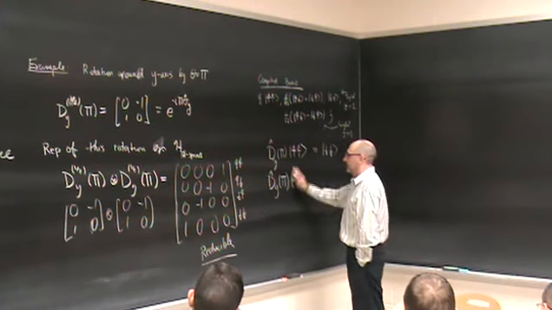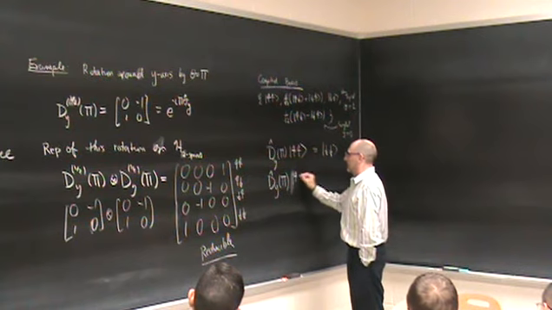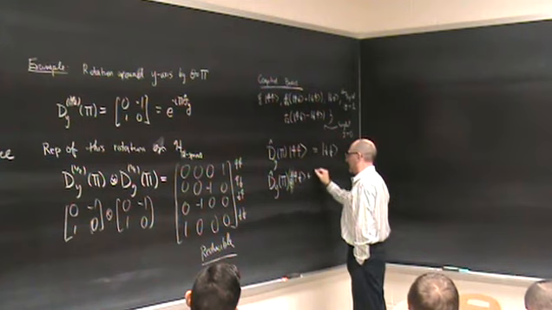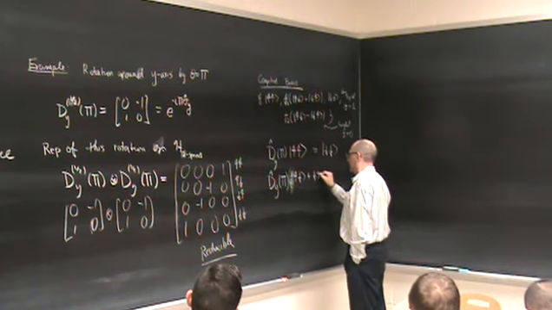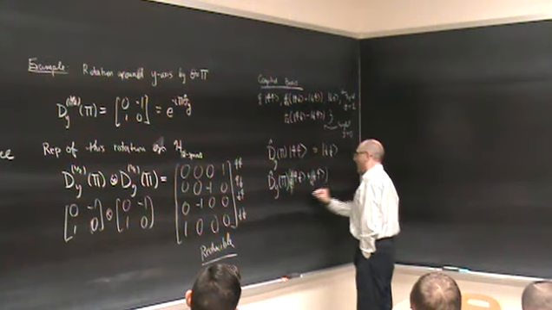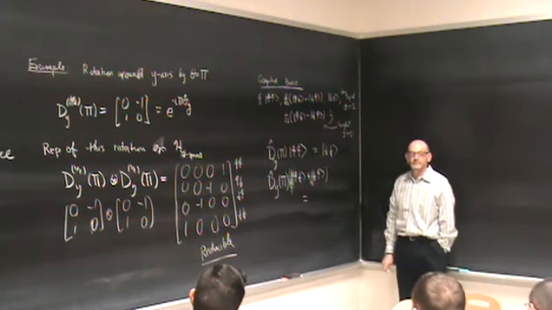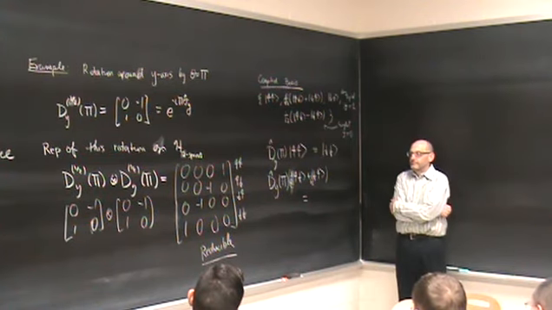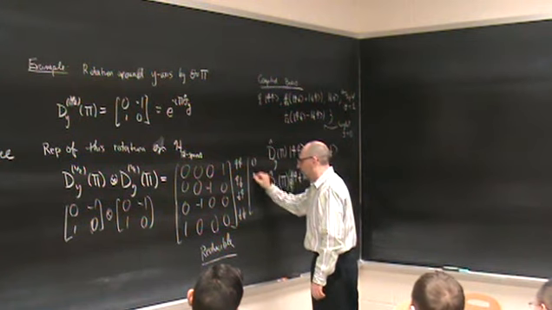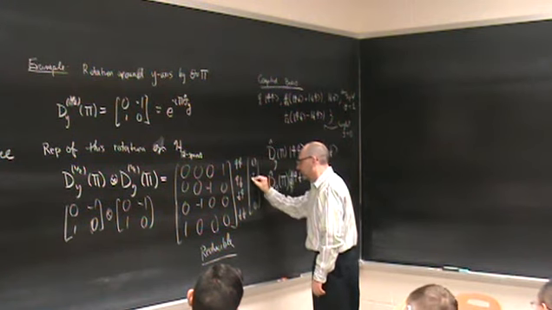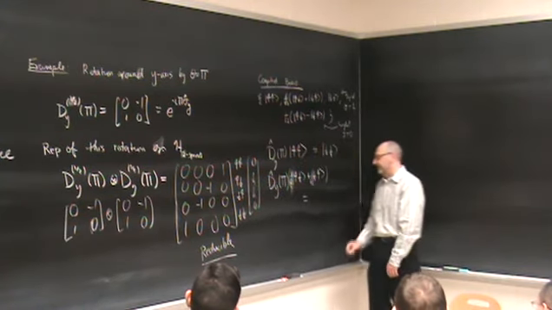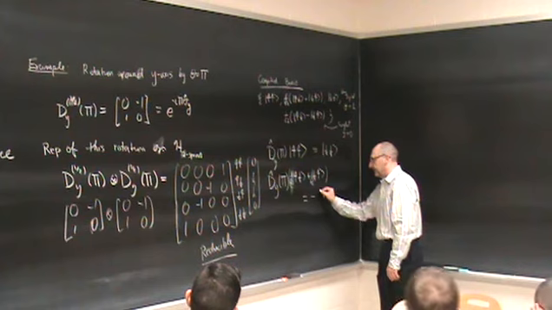This matrix takes the symmetric combination with total spin projection 0, 1 over root 2, and I act that on the matrix. What does it give me? Minus it, so it's minus that state.